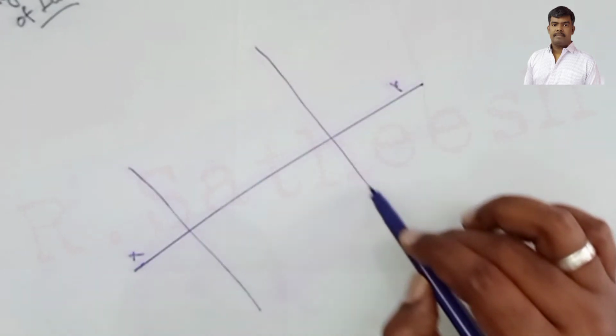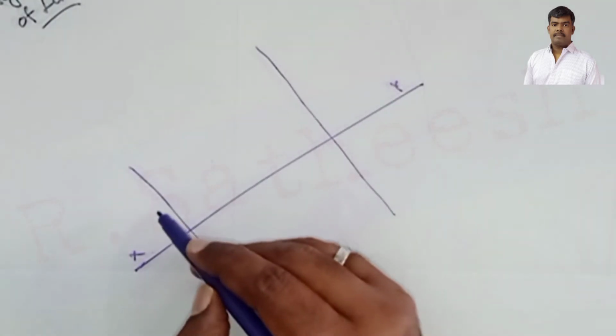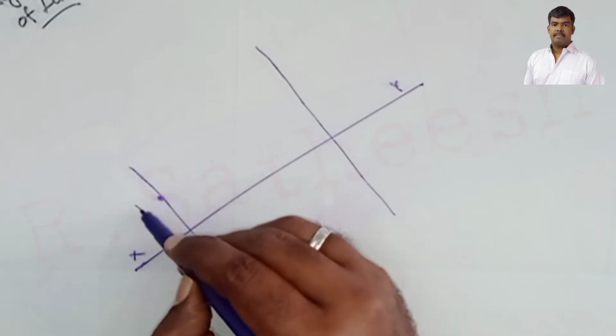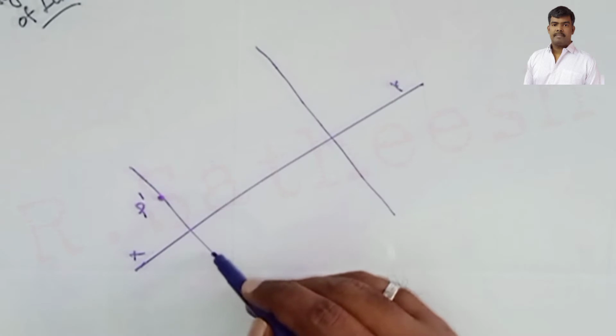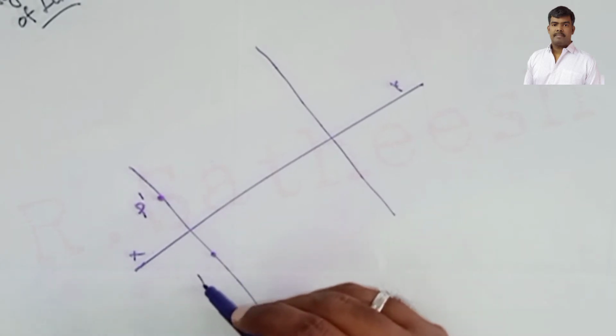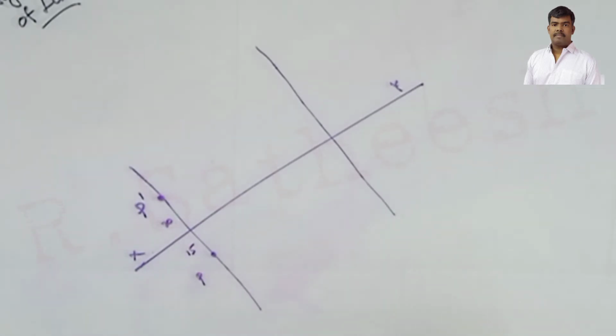Then P is 20 mm above HP, and 15 mm in front of VP. So this is 20, this is 15 mm. You mention the dimensions as per the rules of dimensioning.